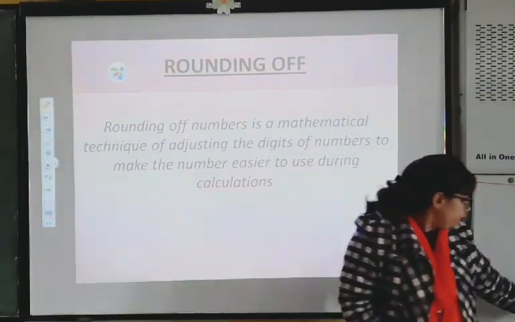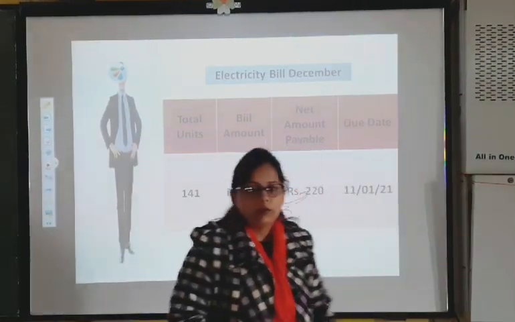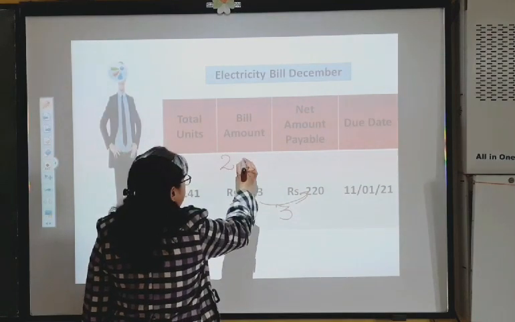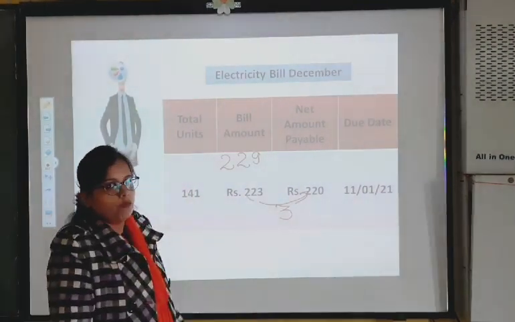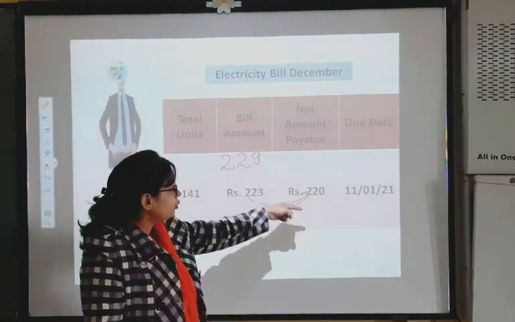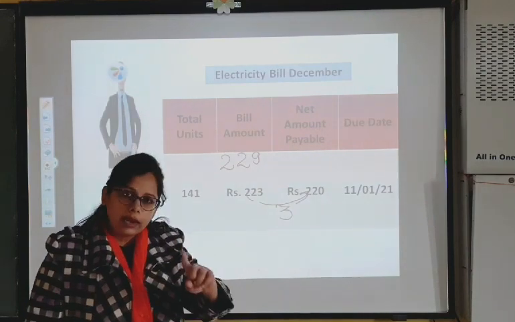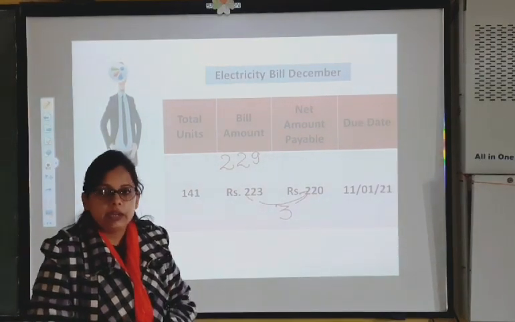Now what if the bill amount is 229 rupees? Suppose the bill is 229 rupees. Will the electricity company again charge only 220 rupees? It means will the electricity company lose 9 rupees? So it will be a big loss for the electricity company.